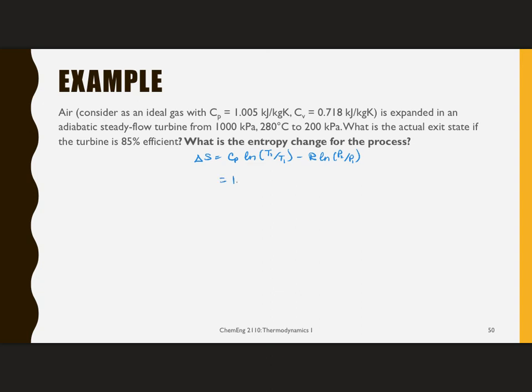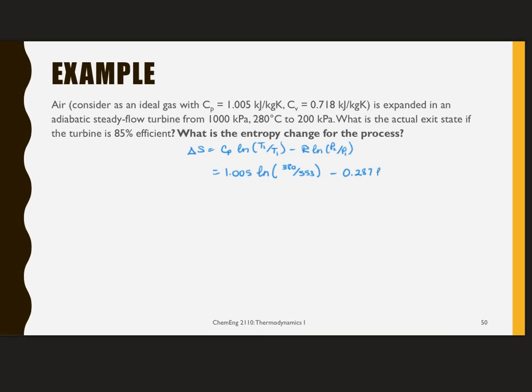So in this case, 1.005 kilojoules per kilogram Kelvin times the natural log of my ratio of T's, 380 over 553, minus R, the difference between those, 0.287 kilojoules per kilogram K. Both of these will have the same units, times the natural log of 200 over 1,000. And so delta S is 0.0843 kilojoules per kilogram K.